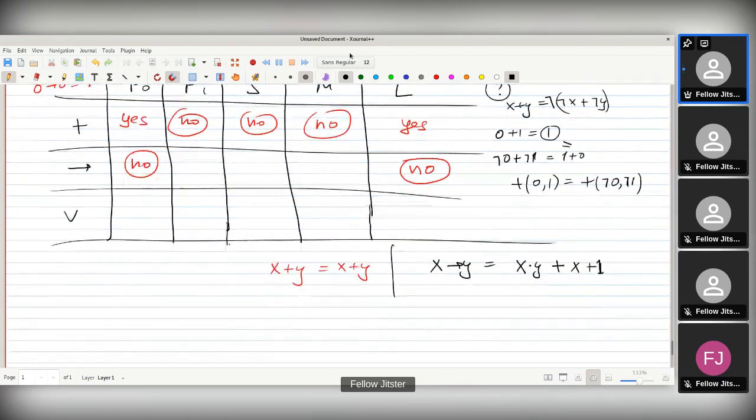When x is 0, it is 1. When x is 1, it gives us y: 1 when y is 1 and 0 when y is 0.